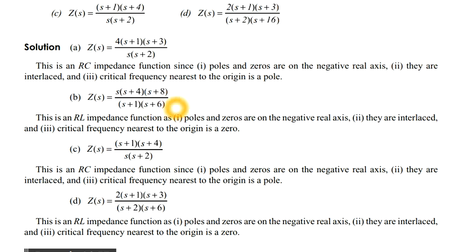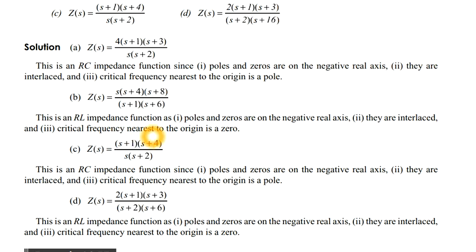So nearest to the origin we have a 0, which is nothing but s equals to 0. Then all other poles are interlaced, because at 0 we have 0, then at -1 we have pole, then at -4 we have 0, then at -6 we have pole, and then at -8 we have 0. They are alternating and they are interlaced.